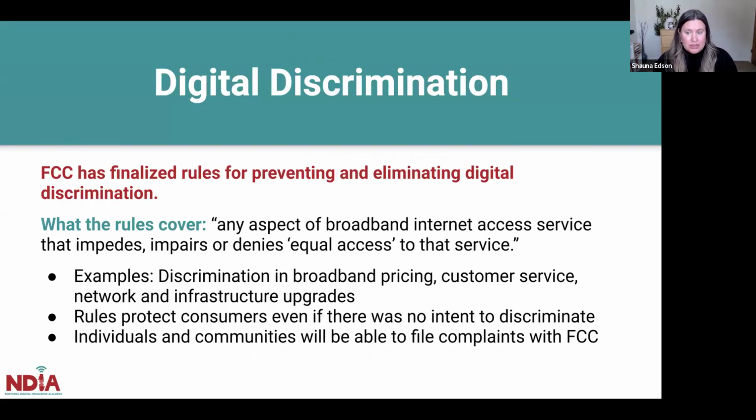The rules protect consumers even if there was no intent to discriminate. This means that if somebody was impacted by the discrimination, the provider will be responsible even if the discrimination was not intentional. And individuals in community can and should file complaints with the FCC.